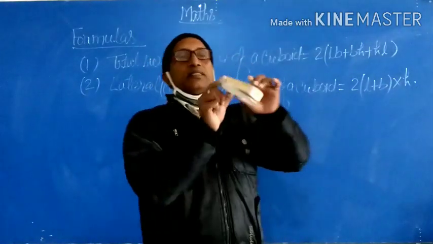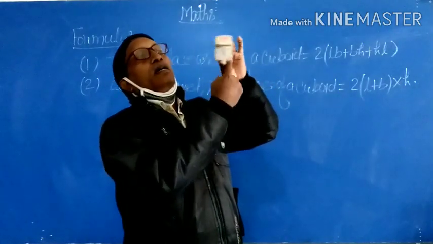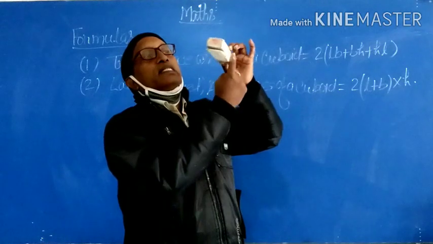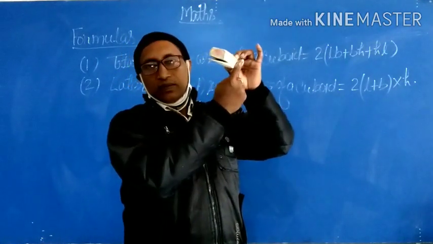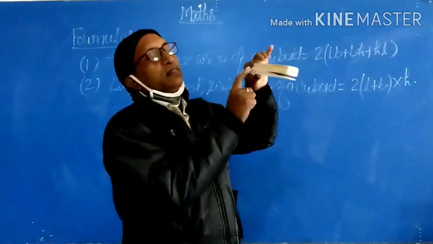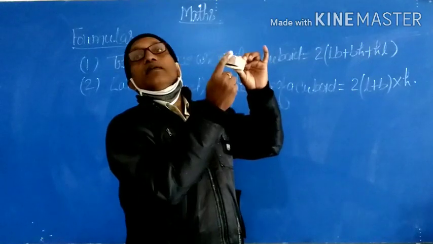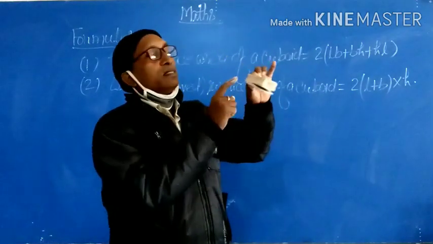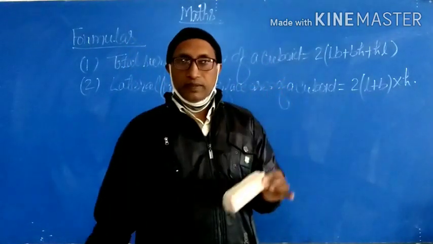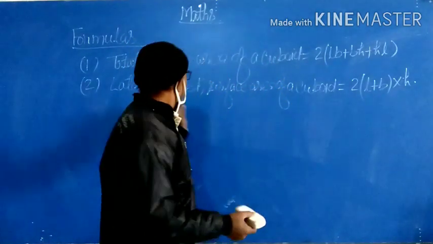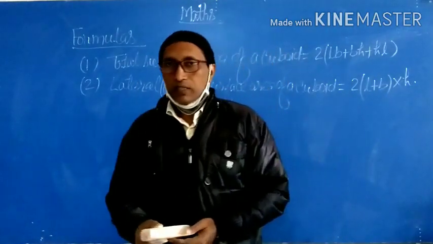Lateral surface area means side area. This is the curved surface area or lateral surface area of this cuboidal object. This is LH, this is also LH, this is BH, meaning 2 in the bracket L plus B into H. That is equal to the lateral surface area or curved surface area of a cuboid.